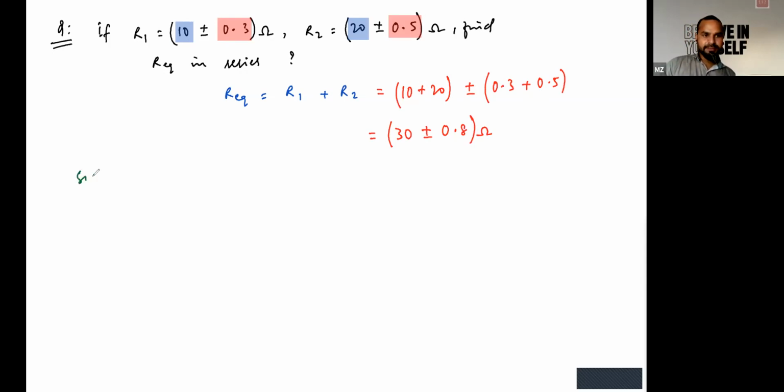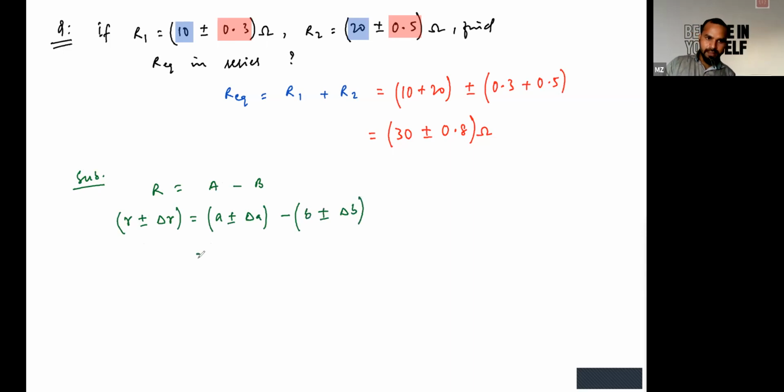Now the next term is to define subtraction. Let's say R is equal to A minus B. So on putting values, it will be R plus minus delta R is equal to A plus minus delta A minus B plus minus delta B. If you expand this, you will get a plus minus delta a minus b, and this minus on multiplying with this part, since this is error and error can never be negative, so it will always be positive.